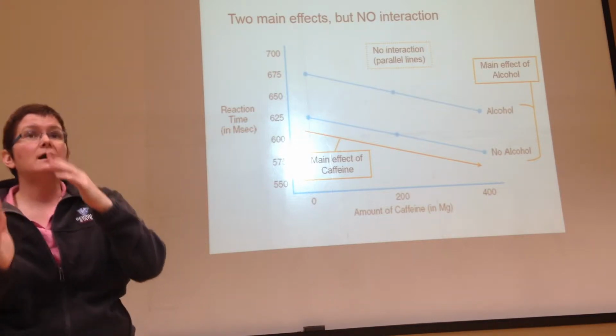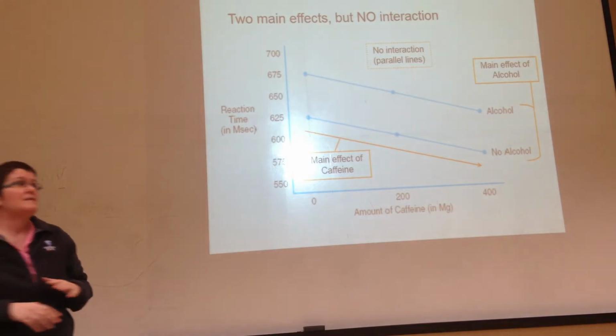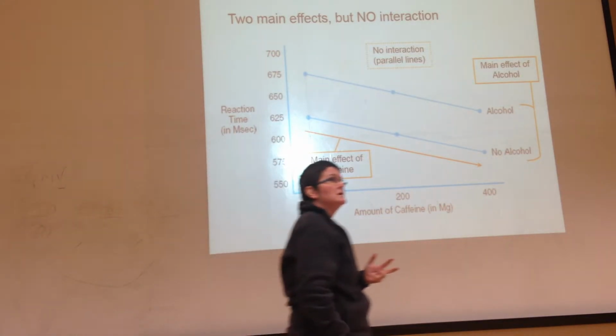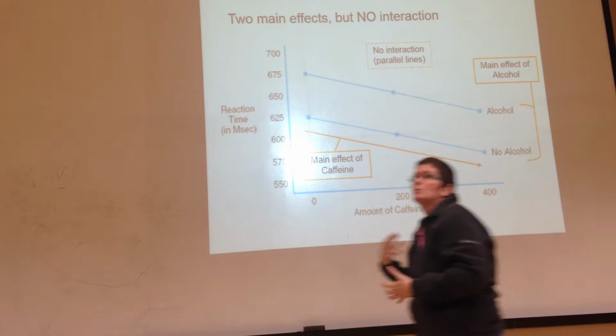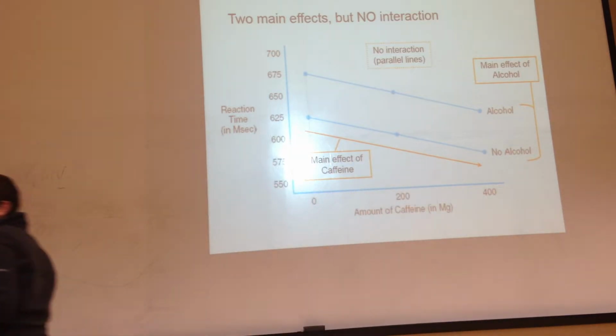If the lines are parallel and there's no way that they will touch or cross, not a hint of it at all, then you are sure you don't have an interaction. You can think of interaction: when two things interact, what do they do? They come together. So interaction and intersection work together. You can think of those two things together.